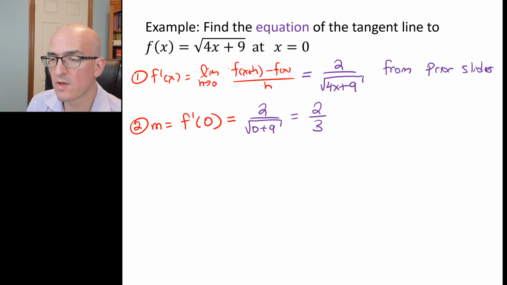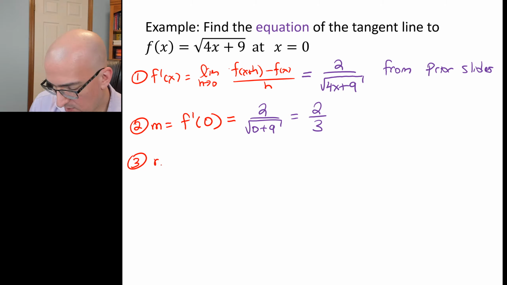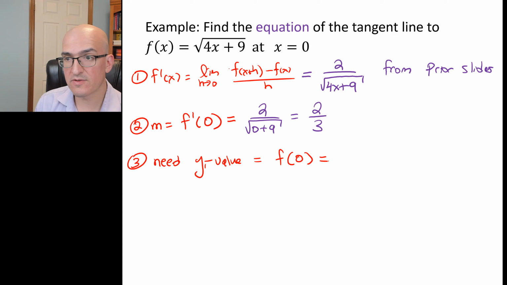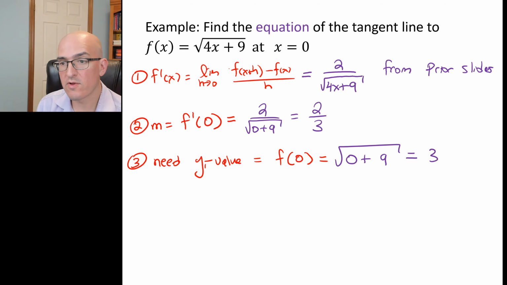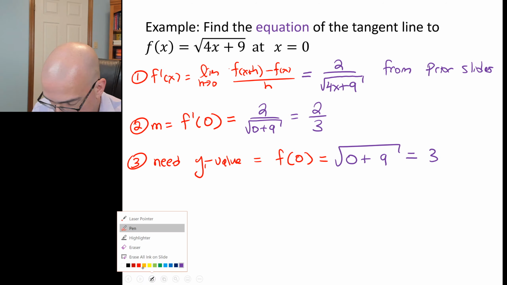Okay, step 3: we need the y value. We're going to get that by plugging our x-coordinate into the original function. So that'll be the square root of 0 plus 9, which is 3.